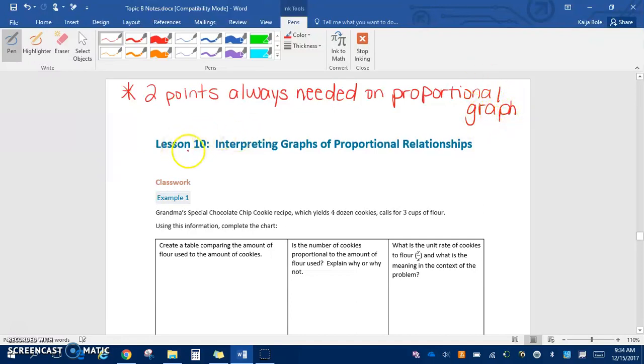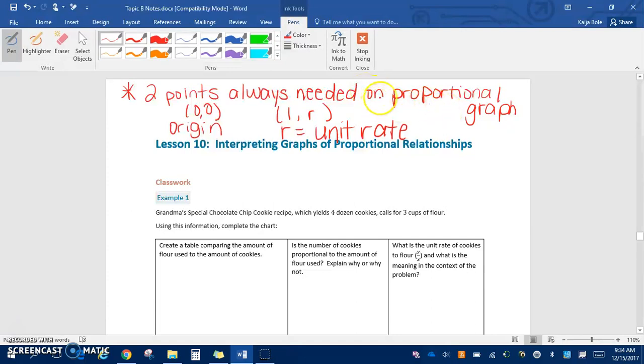Alright, and those 2 points are 0, 0, which is the origin, and then 1, comma, r, where r equals the unit rate, which we've talked about. Okay, so we're going to keep that in mind as we go through this example, the next example today.